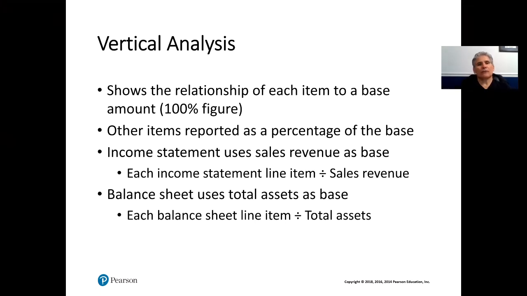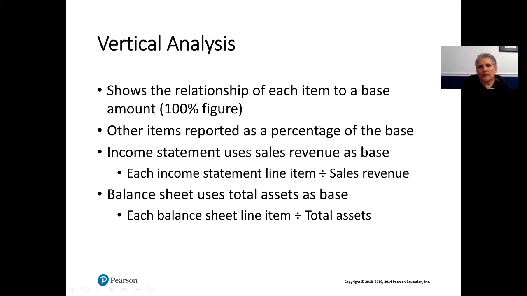Okay, so moving on to vertical analysis. Vertical analysis shows the relationship of each item to a base amount or 100% figure. Other items were reported as a percentage of the base. When we're talking about vertical analysis, specifically for the income statement, we're going to be using sales revenue as the base.